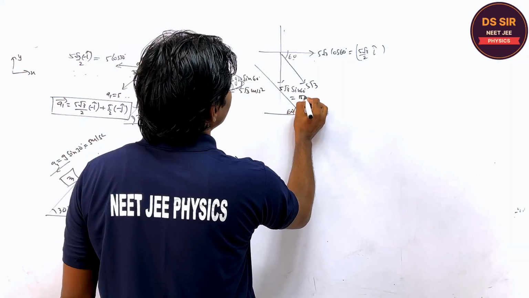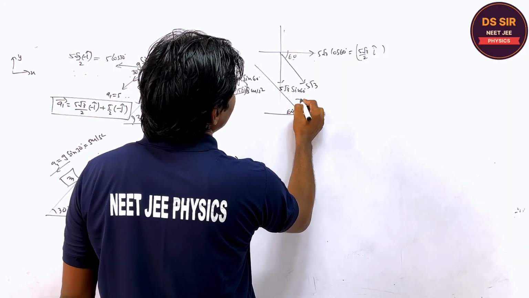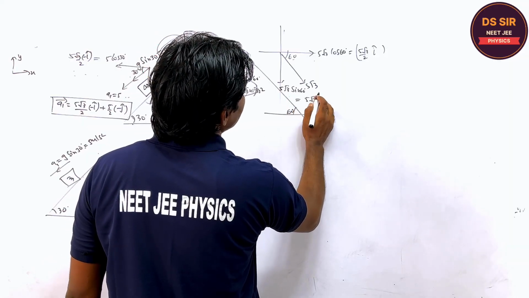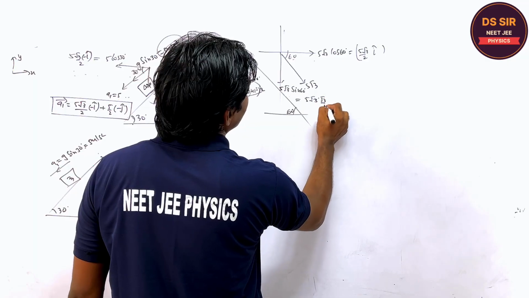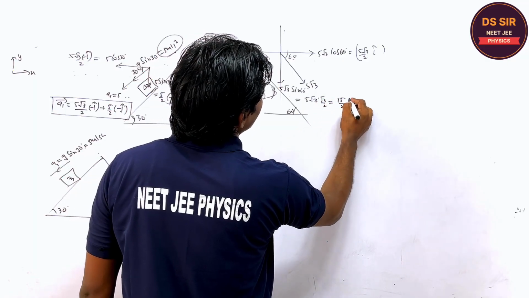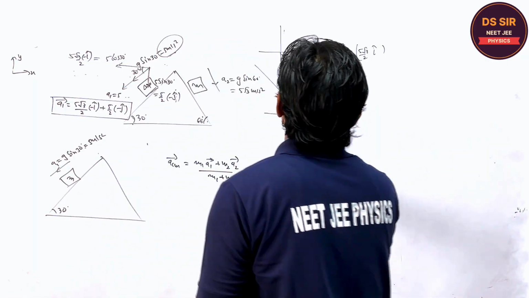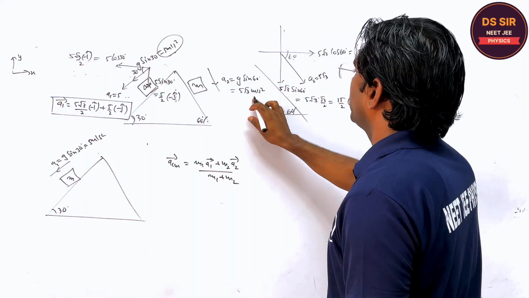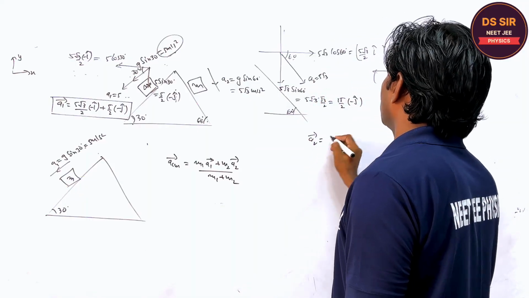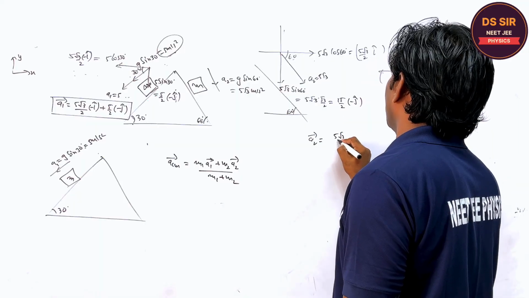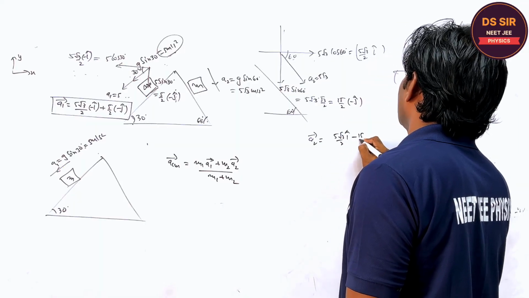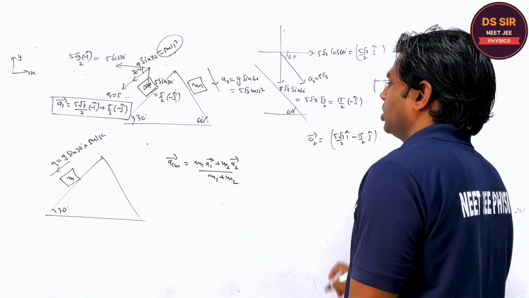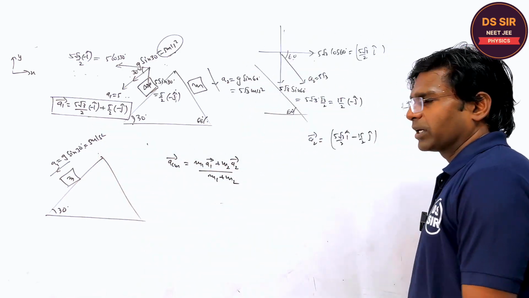So this is 15 by 2. Then you will calculate 5 root 3 into root 3 by 2, 15 by 2, and this is minus j cap. So what is the acceleration A2? In the form of vector, this is 5 root 3 by 2 i cap minus 15 by 2 j cap. So this is the A1 vector and A2 vector.